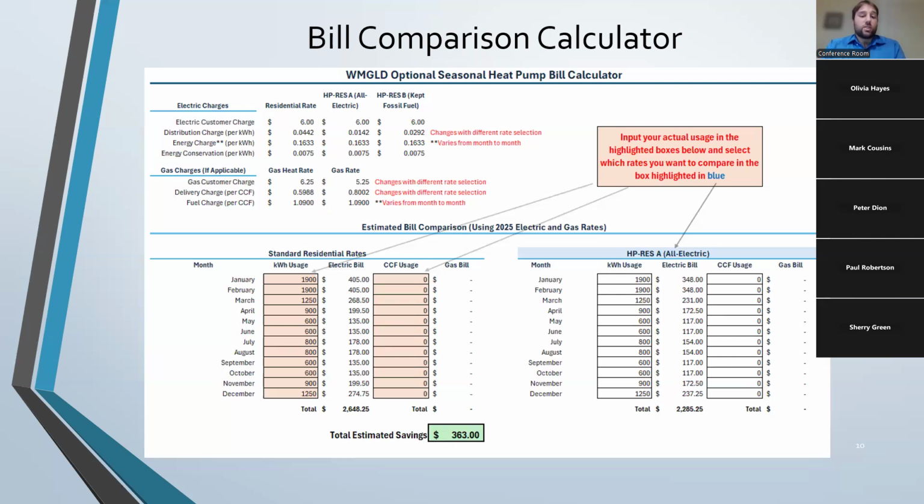At the bottom, where it's highlighted green, you'll be able to see the total estimated annual savings. And at the top you'll see the different rates, similar to one of the previous slides. You can see the breakdown of the rate changes above, just for clarity's sake, so you understand where those differences are happening.